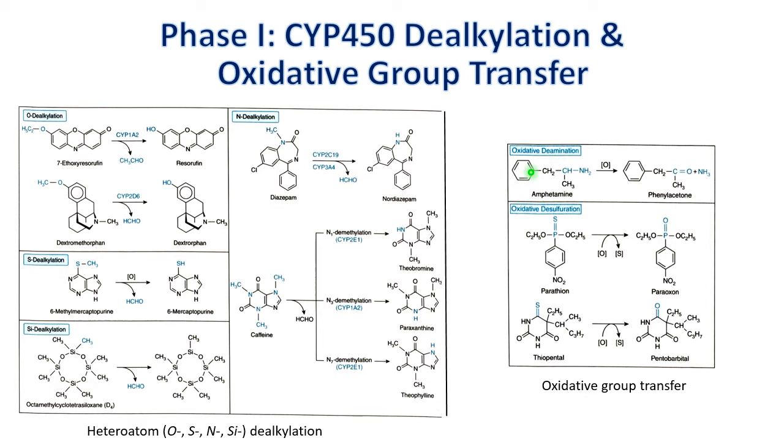Amphetamine is deaminated. This is considered an oxidative group transfer. Again, amphetamine is deaminated, and we have an oxygen here in place of that amine. Oxidative desulfuration: we're taking parathion, which is actually a pesticide, so it's not a drug, but that is converted to the oxygen form. We're adding that oxygen.